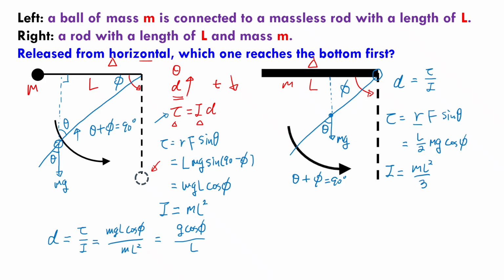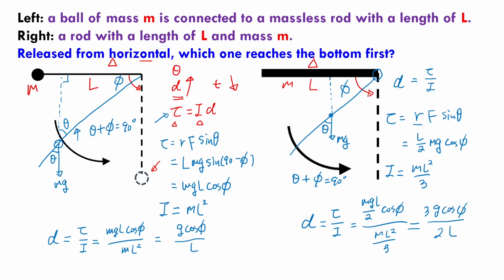So the angular acceleration for the right system is the torque divided by the inertia, which is half mgL cosine phi divided by mL squared over 3. If we simplify this, we get 3g cosine phi divided by 2L.